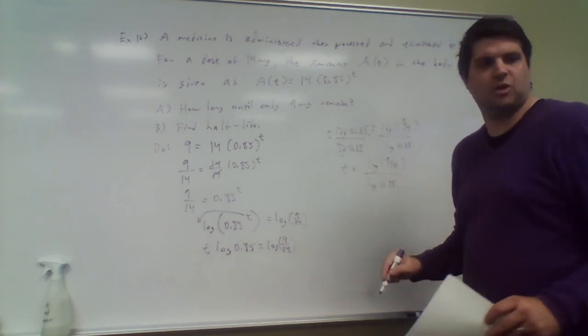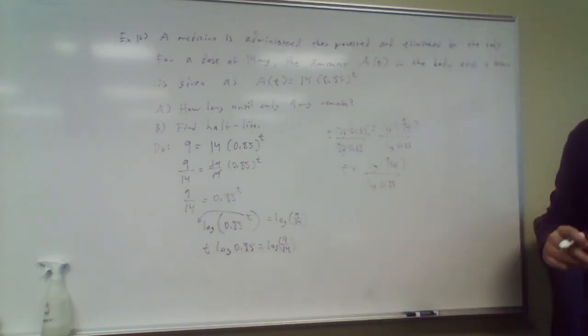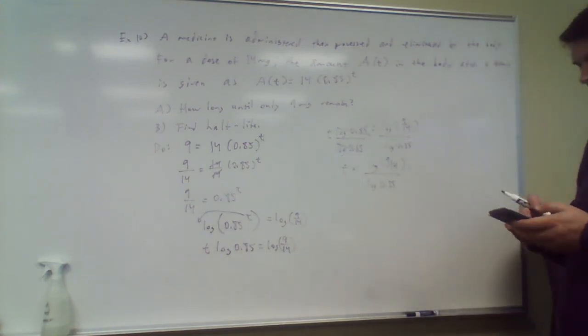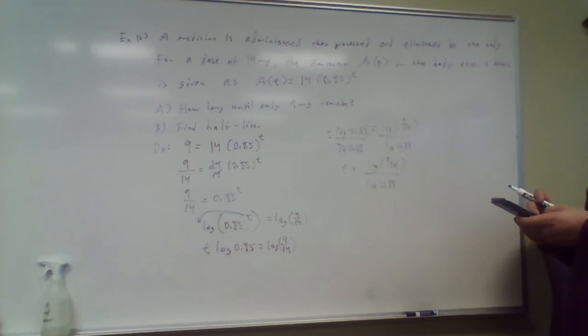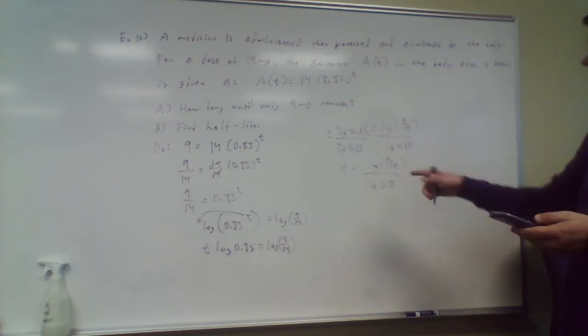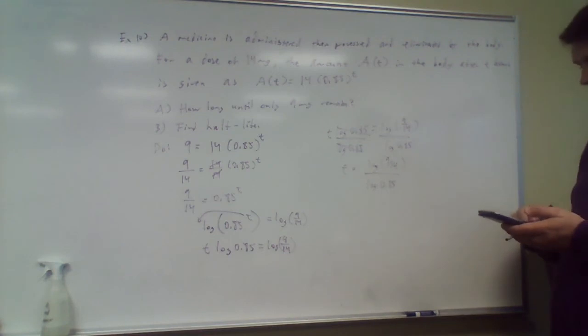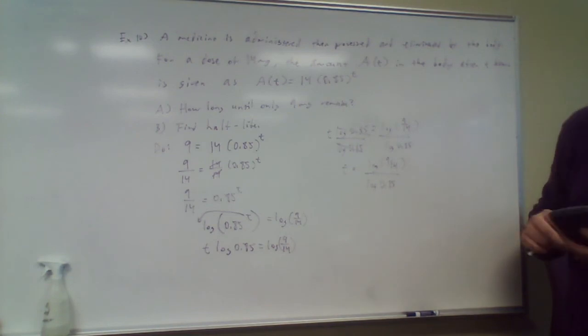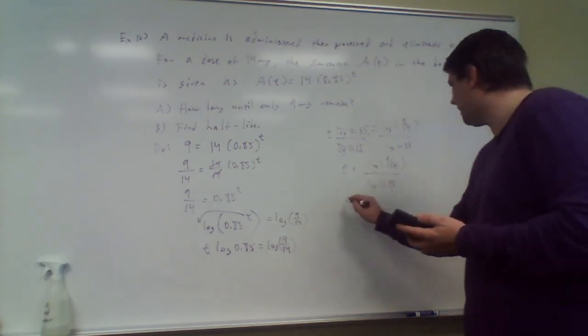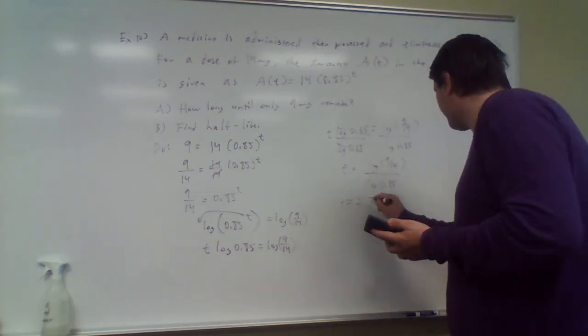That would be what's called the exact solution, but for this to be practical, we're going to need an actual measurement. So log of 9 divided by 14, close the parenthesis. Make sure these are in parentheses if they're not. Hit enter or equal, and then divide by a log of 0.85. I got approximately 2.7 hours.